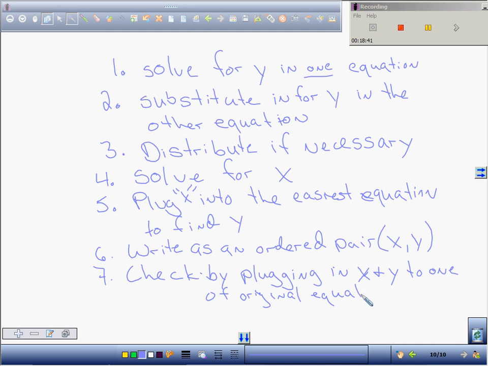You should really check both, but that's a lot of steps, right? Label the steps that they're steps first.